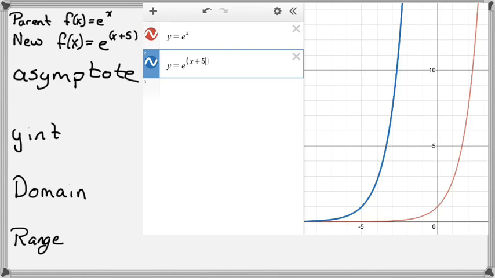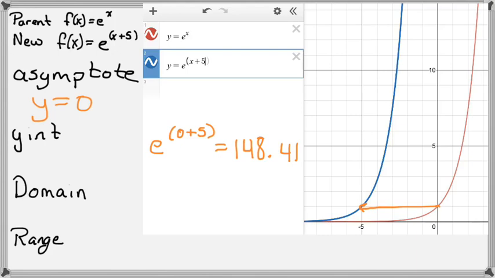So let's look at it. We moved the graph back to the left 5 units. So my asymptote has not changed. It's y equals 0. My y-intercept is off the graph here. So I'm going to go ahead and just type it in my calculator, 0 plus 5 is the exponent. And when I do that, I get 148.413.